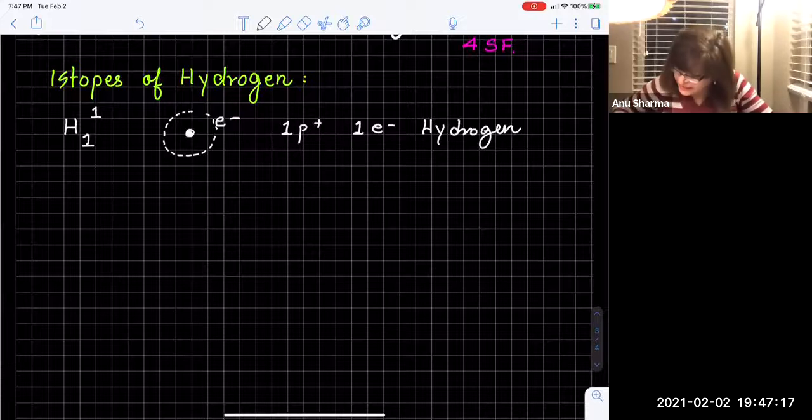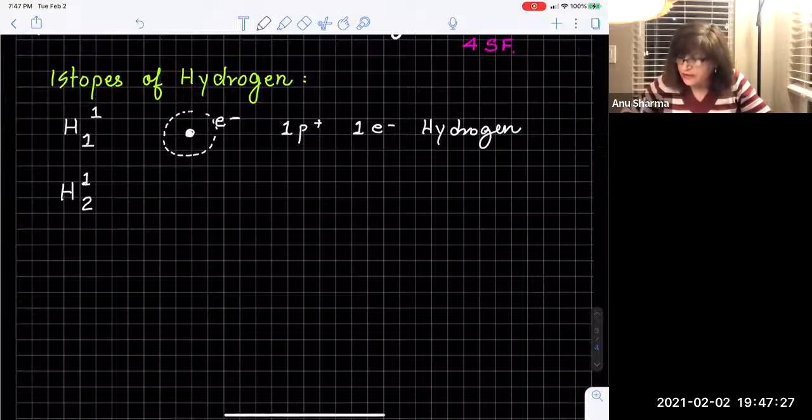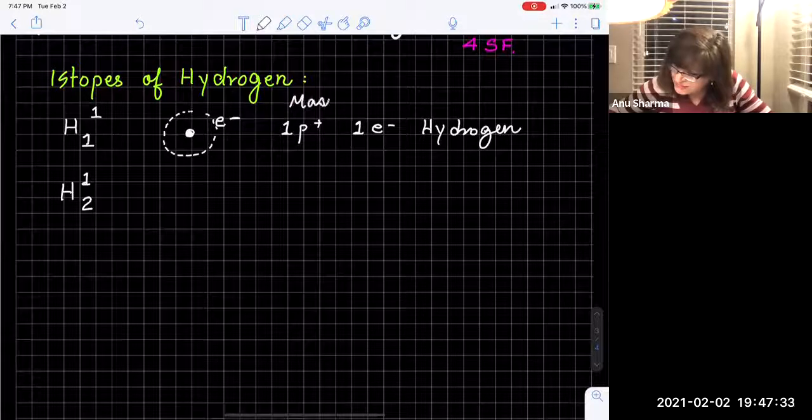Okay, let's look at the next one, which is hydrogen which has one proton, and it has two for the mass. So here, the mass number is 1 and the atomic number is 1.